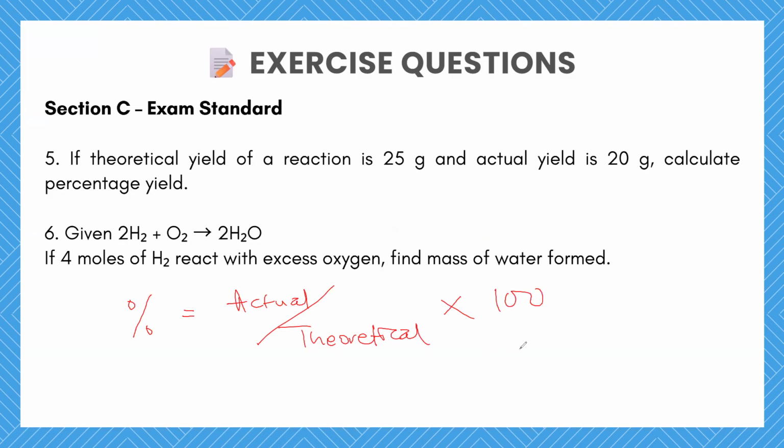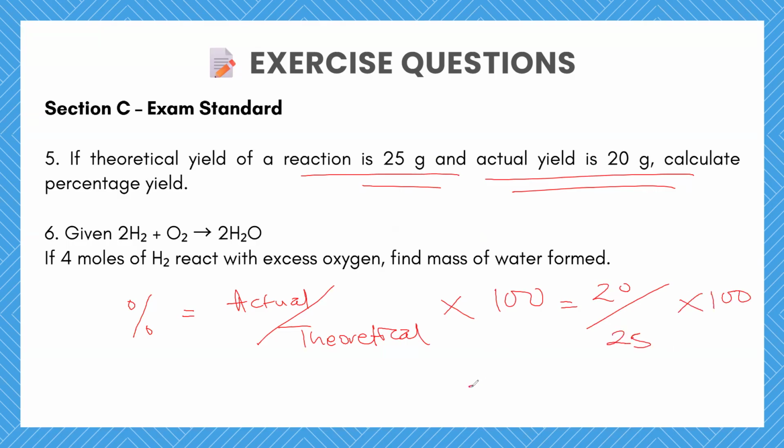The actual yield was given to be 20 grams. So we have 20 divided by the theoretical yield, 25, everything multiplied by 100. Let's plug in our values. 20 divided by 25 gives us 0.8 times 100. That is 80%. This is the percentage yield.